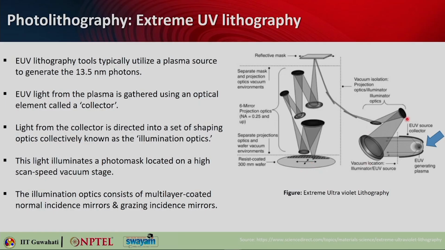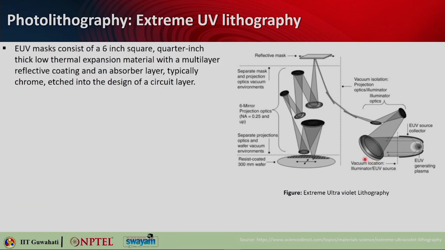The illumination optics consist of multi-layer coated normal incidence mirrors and also grazing incidence mirrors. The mask is basically a 6-inch square, quarter-inch thick, low thermal expansion material, which has a multi-layer reflective coating and also an absorber layer, typically made of chrome, and it is etched into the design of a circuit layer.